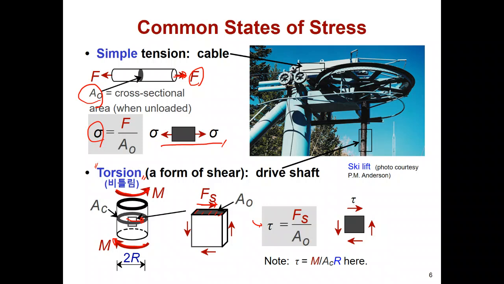So that's a good example of tension stresses and shear stresses in a cable-like system. In here, to pull in this cable, this part must be rotated. This shaft exists in torsion or rotation movement.